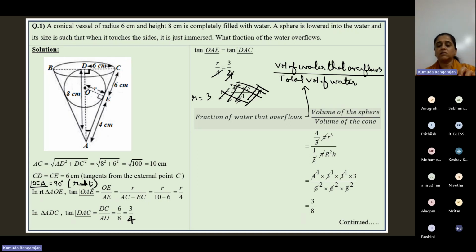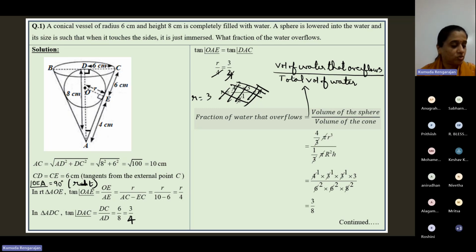Why could nobody online or the others find this out? Online children, you blindly copy whatever is on the screen. Calculations you must be doing by yourself. So 6 by 8 is 3 by 4.